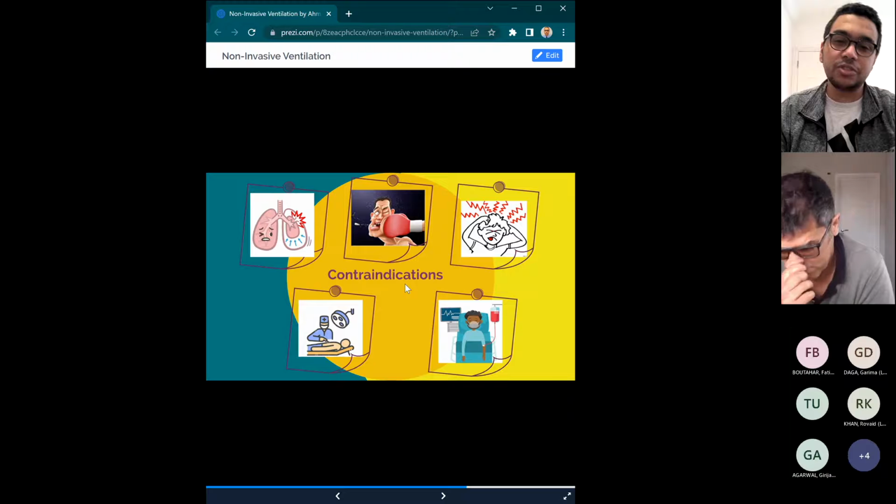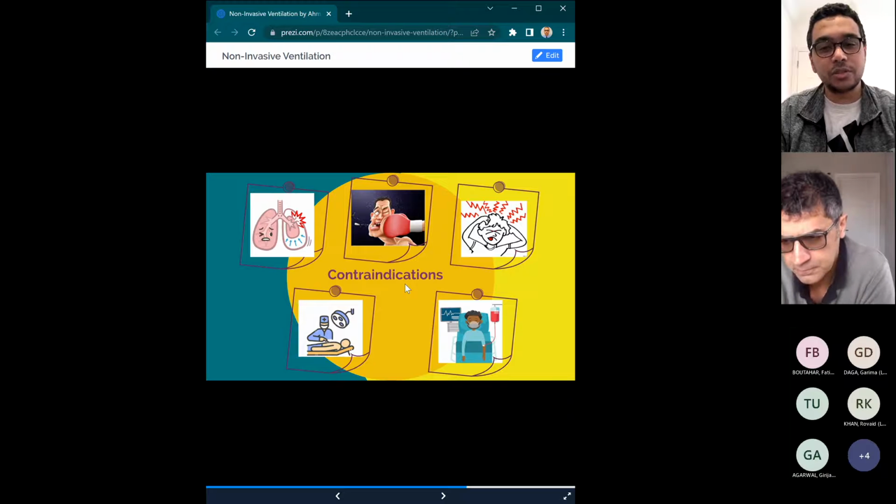Pneumothorax, which is controversial because sometimes during pneumothorax we can still use NIV or use, for example, CPAP. But I would say undrained pneumothorax, or tension pneumothorax, might be a contraindication because of the pressure dysregulation inside the chest, which mainly will affect the cardiovascular component of the things, and of course will also affect the breathing of the patient.